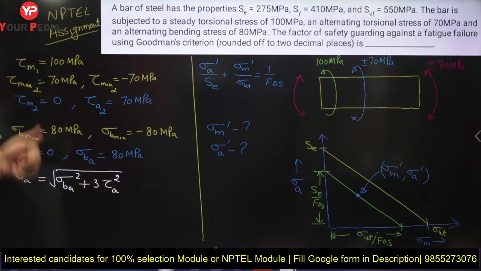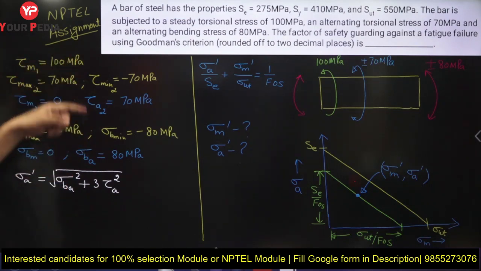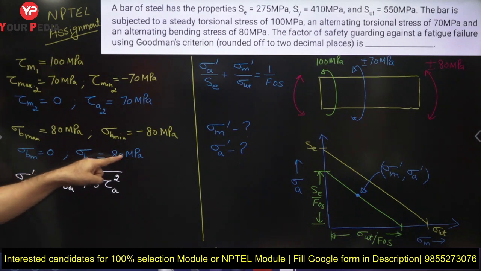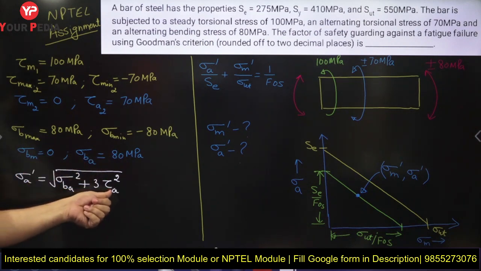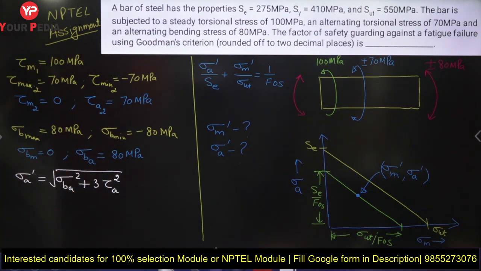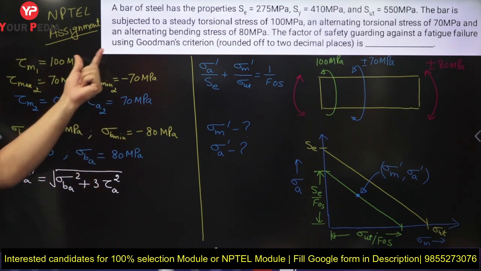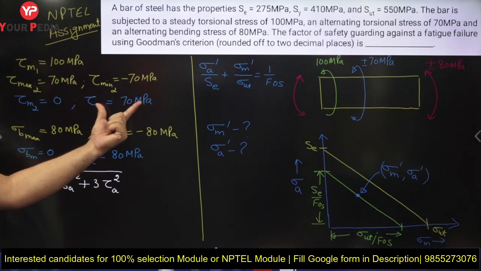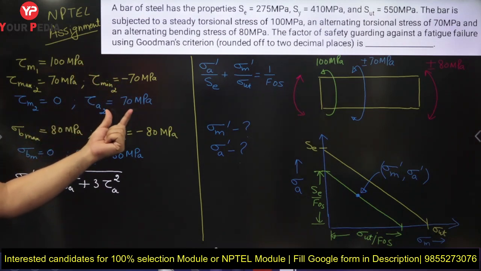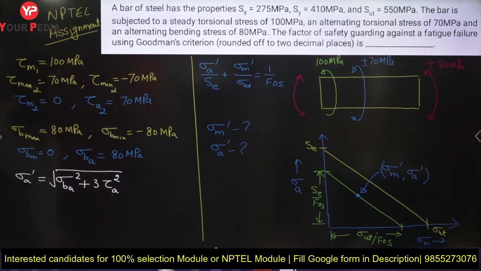Now let's look at these values. What is the value of sigma amplitude over here? I only have sigma amplitude over here, that is 80. And what about the amplitude of shear stress? The amplitude of shear stress exists only over here, there is no amplitude over here. So the amplitude of stress combined, I have only this one, that is 70. So can I write it this way?